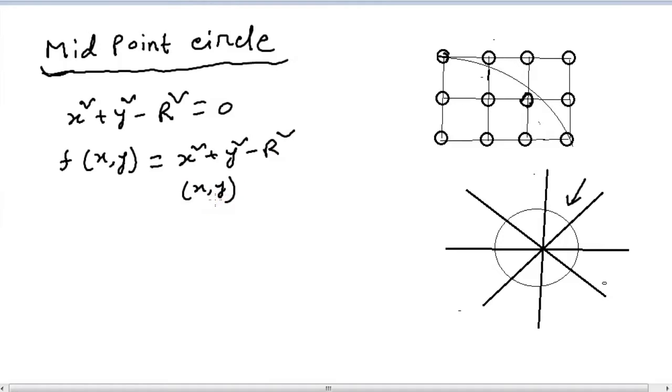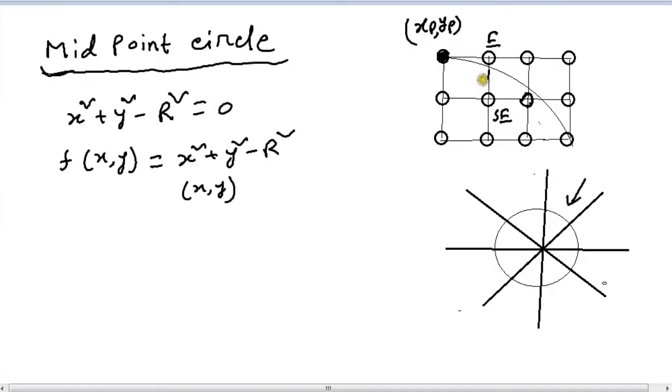Okay? Now just like the midpoint line algorithm, once again we choose our current pixel, this one, to be glowed and label it as xp, yp. We label this pixel to be E and the one below it to be SE, standing for east and southeast.